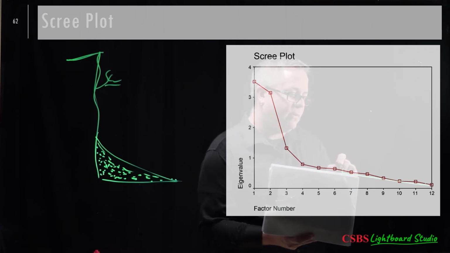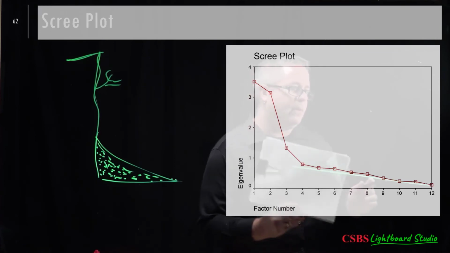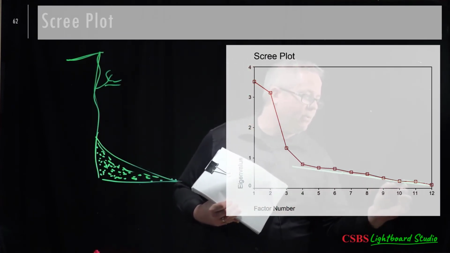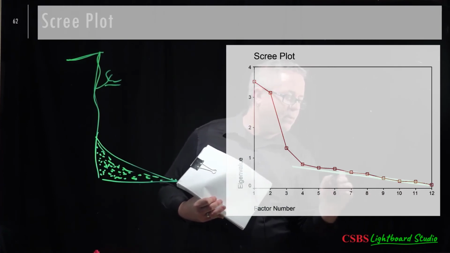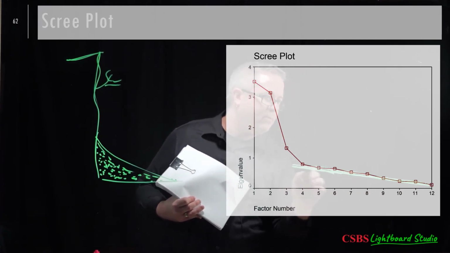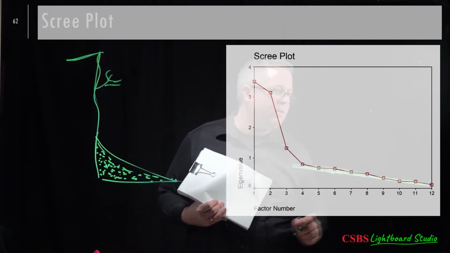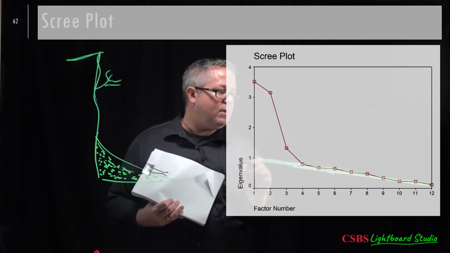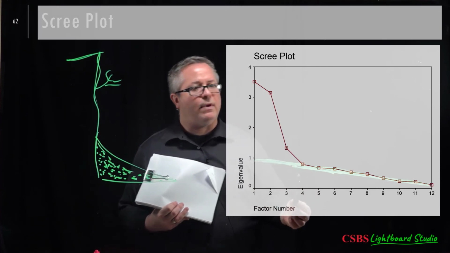I'm not doing a very good job, but imagine the line is actually a little thicker. Here is a straight line, because oftentimes when the values start to cycle down through sort of residual leftover variance, it starts to cycle down fairly consistently.